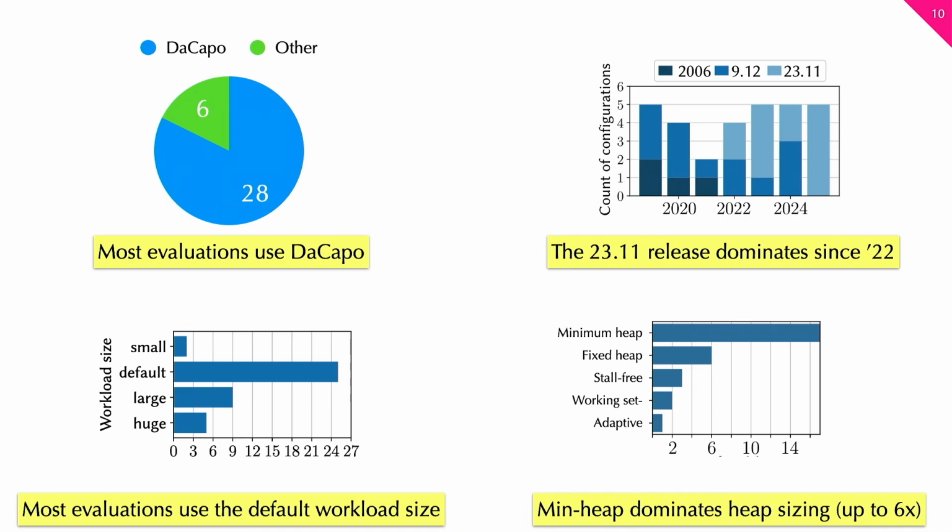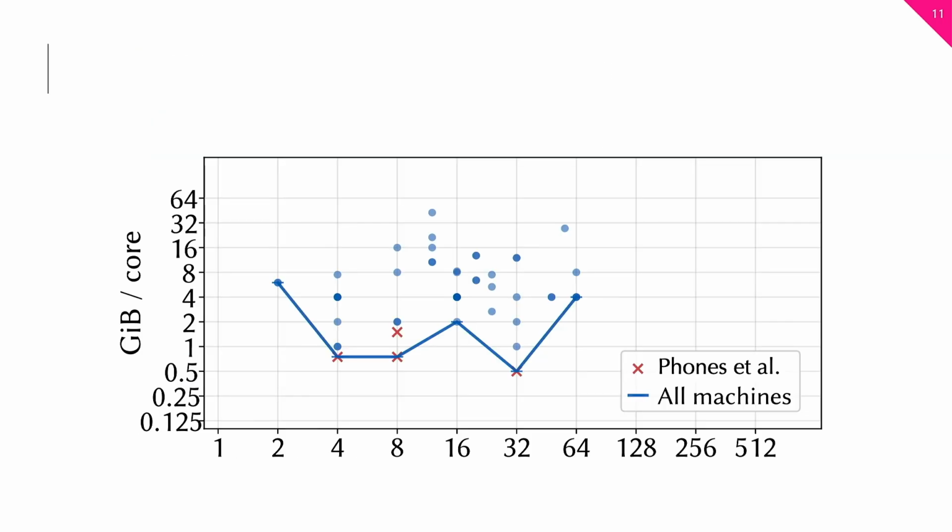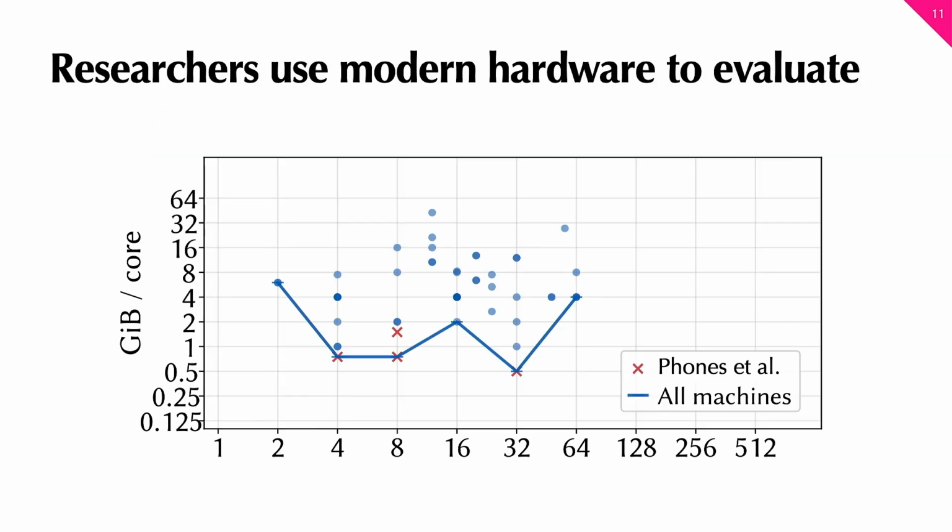All right, so that's the software side. Now let's look at the hardware side. What are the machines that researchers use in these 34 publications to evaluate GC? They're using fairly modern hardware. You can't see a time axis now on this, but as you would expect, it's becoming more and more resourceful as time goes on. We're seeing 16, 32, 64 core machines.